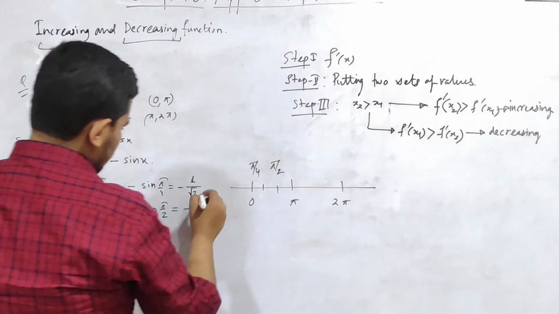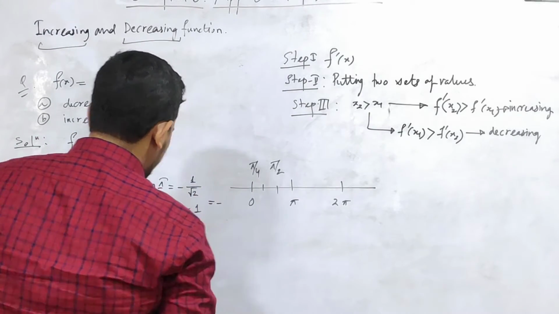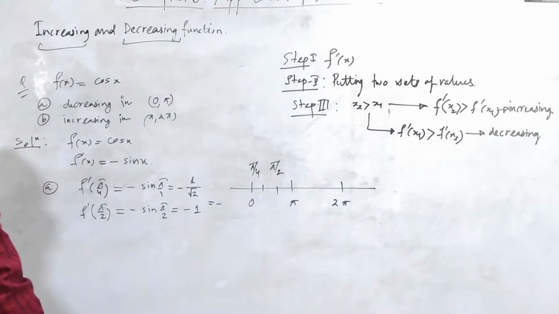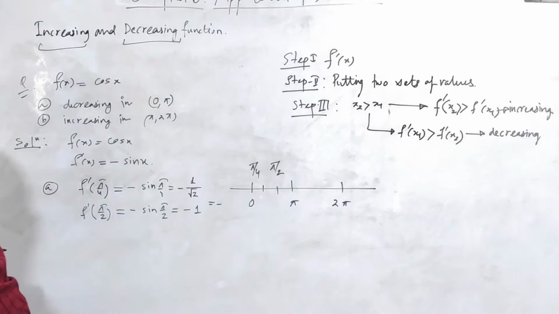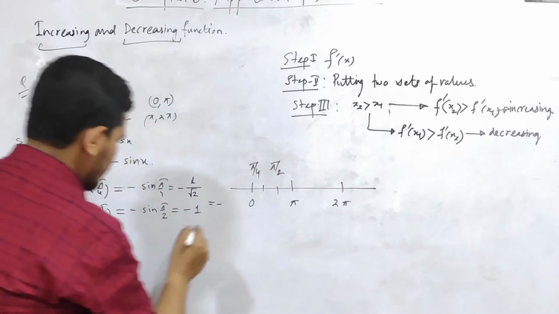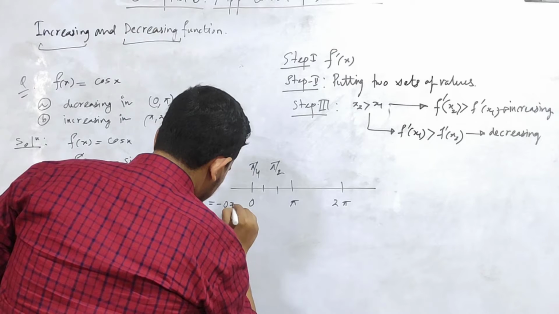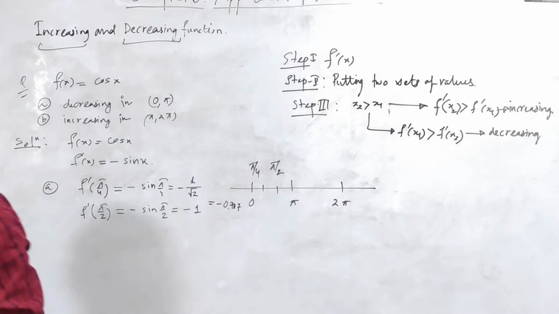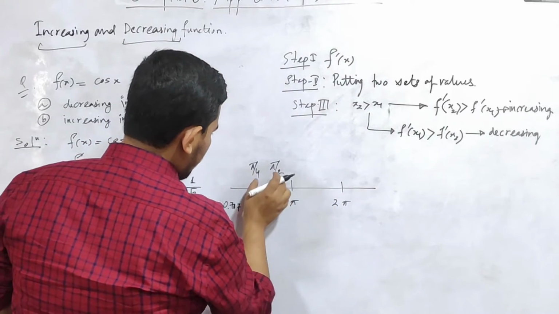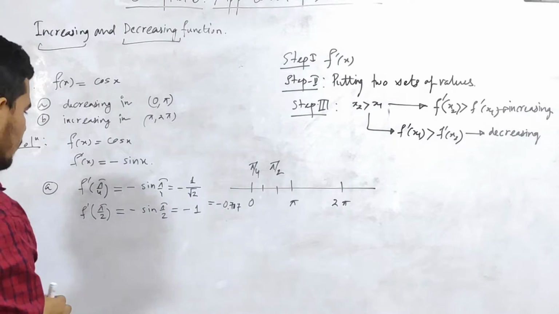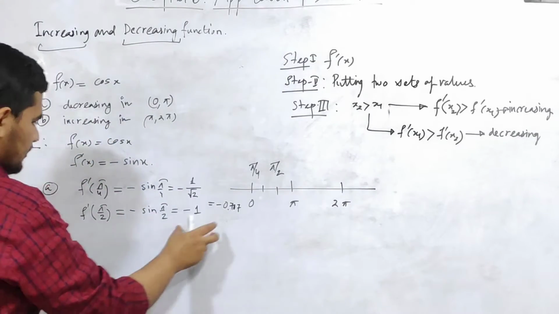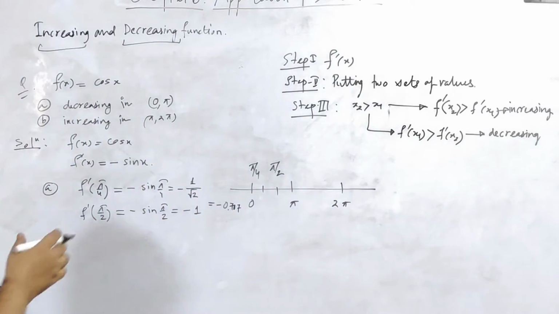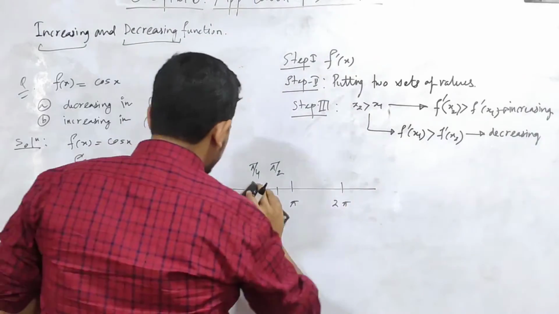Now when you evaluate the value of this expression, this will be coming roughly as minus 0.707 and this is minus 1. So basically you can see that as I increase the value from pi by 4 to pi by 2, these values are decreasing. So I can depict this nature of the curve from the diagram also.